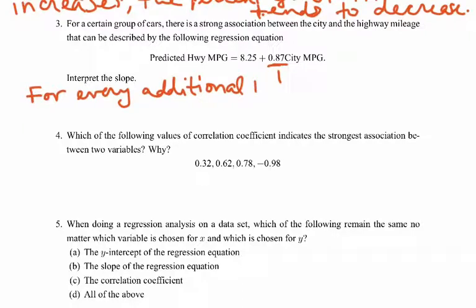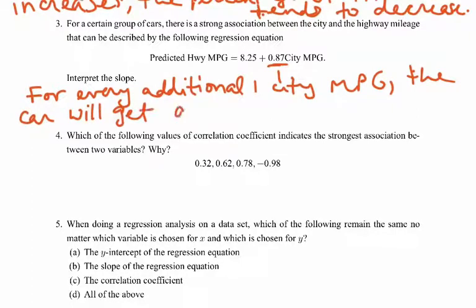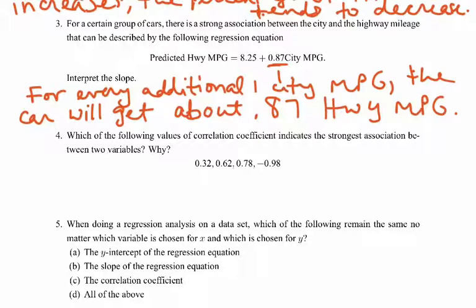Every additional 1 city miles per gallon that a car gets, the car will get, and I'm going to say will get about or approximately, because there's always a little uncertainty there, about 0.87 highway miles per gallon. So you describe it in terms of the 1 unit for the denominator, that's your independent variable, and then it's going to increase by about 0.87 highway miles per gallon.